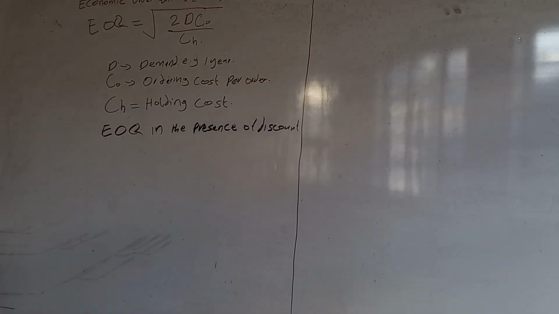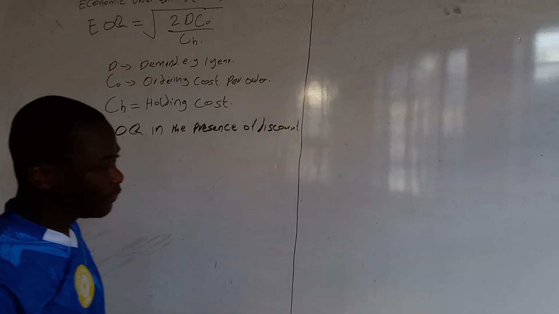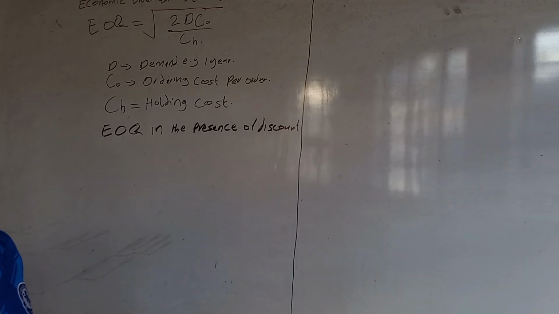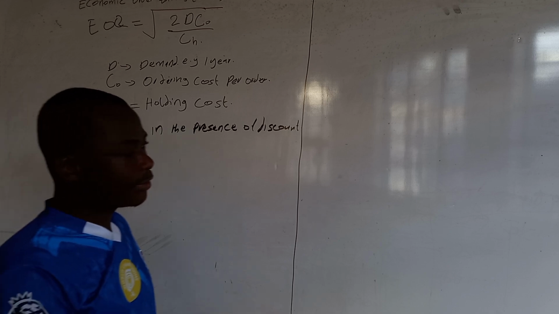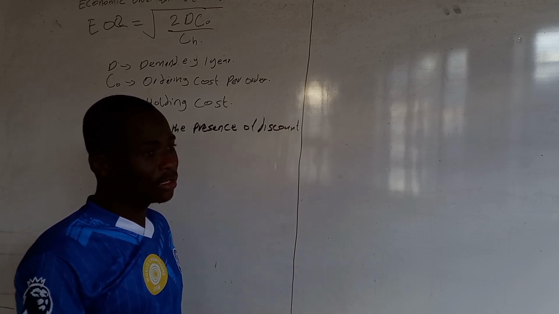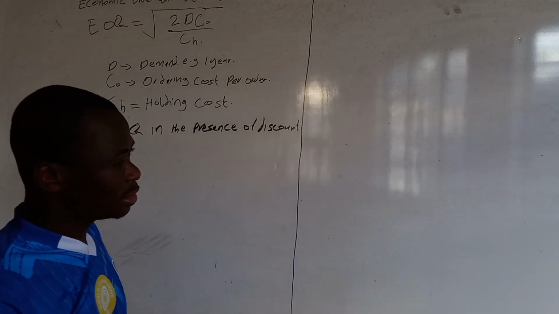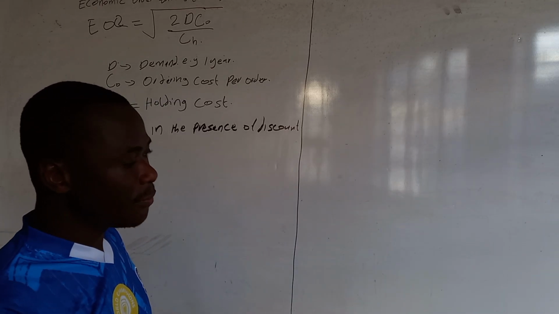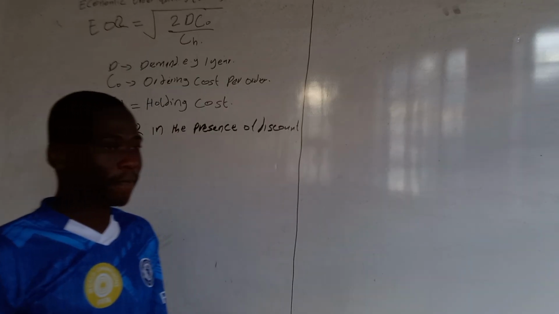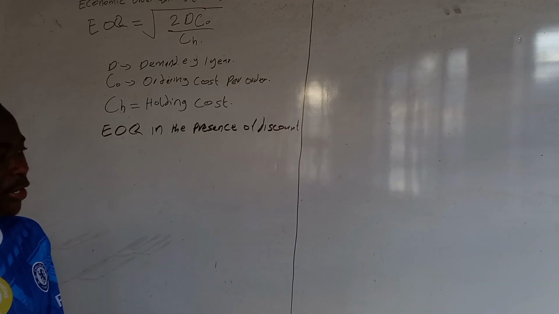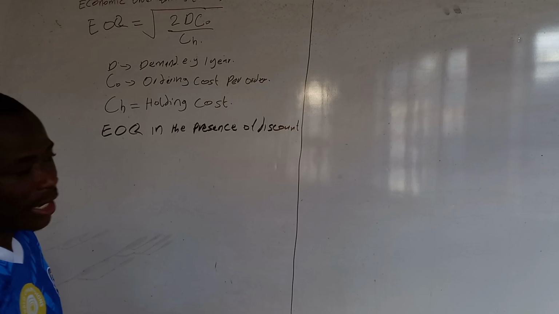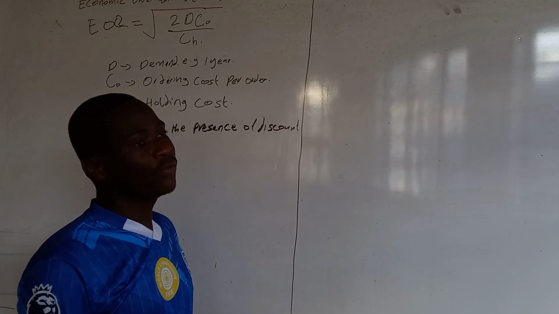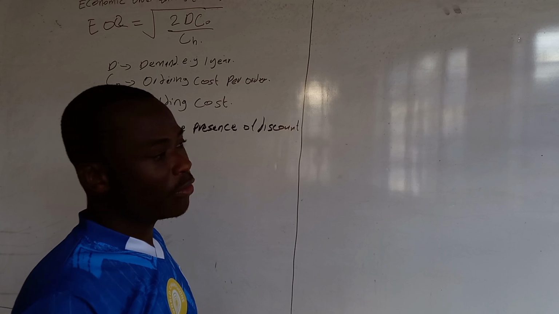For example, if I'm given a discount if I order this amount of products, and I have my predetermined economic order quantity, the minimum order that I should take, the supplier tells you that if you buy such an amount, I will give you a given amount of discount.